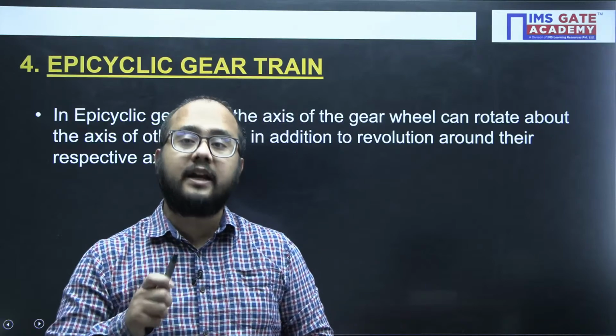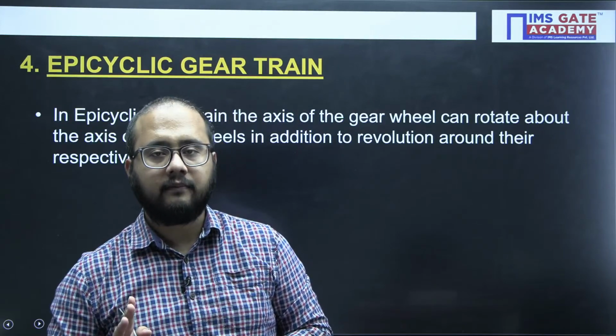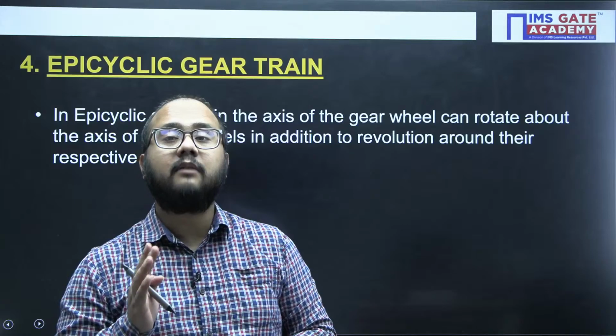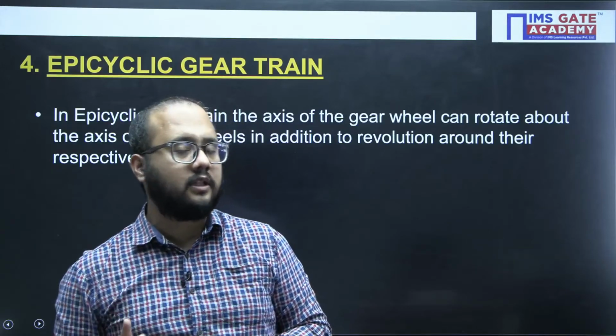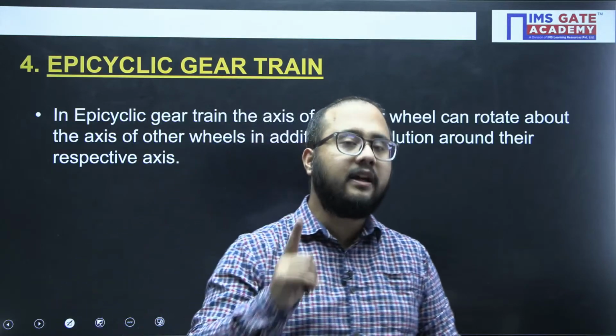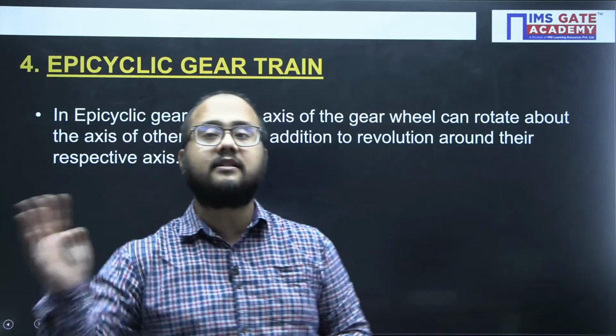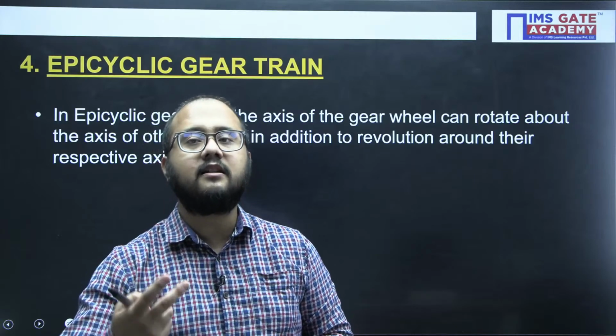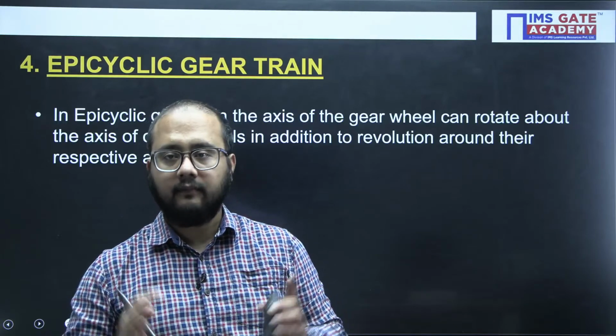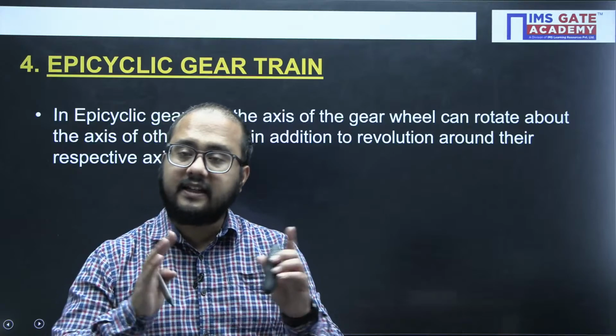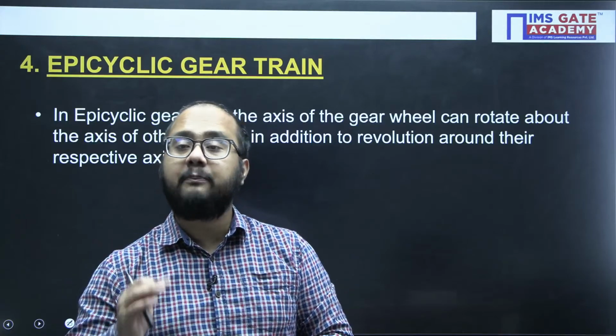Rotating about its own axis is one kind of motion, and rotating about another gear's axis is the secondary motion. Such cases of the gear train are known as epicyclic gear trains.